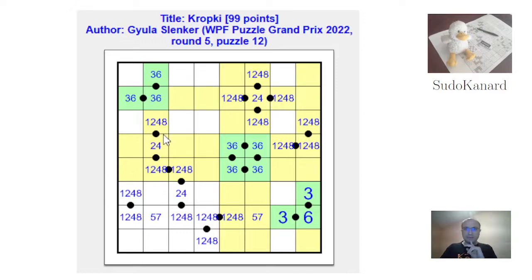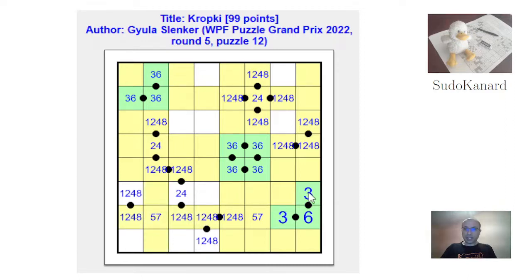An interesting point is that without a black dot next to a 3 or a 6, you can't have a 3 or a 6. A 6 here would need a black dot here and there. And that's the same here, here, and here.